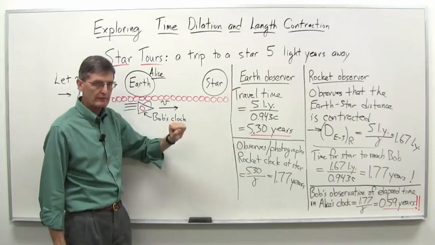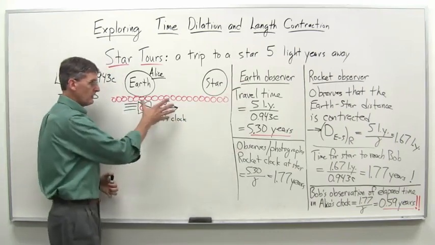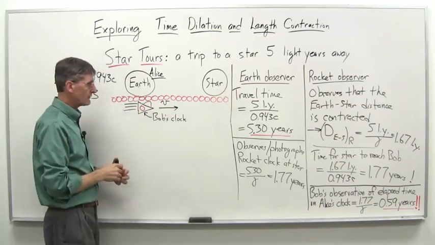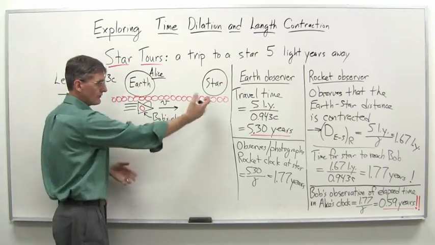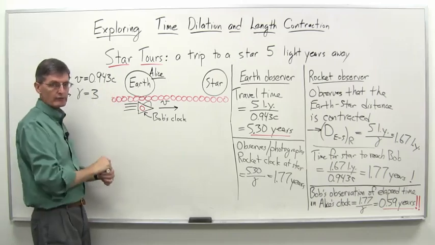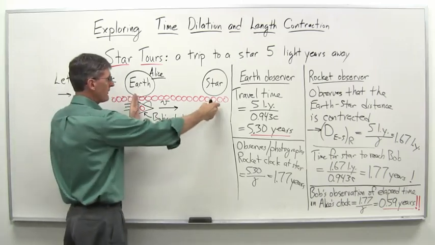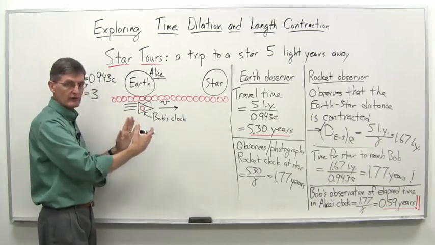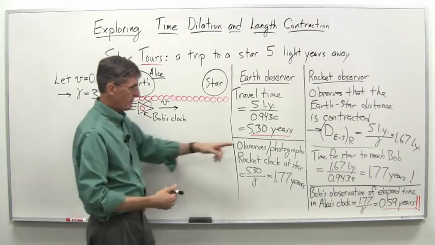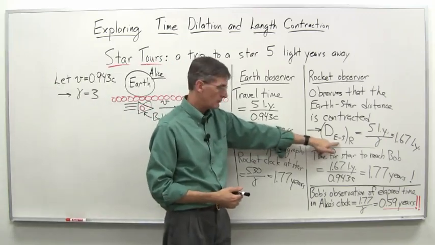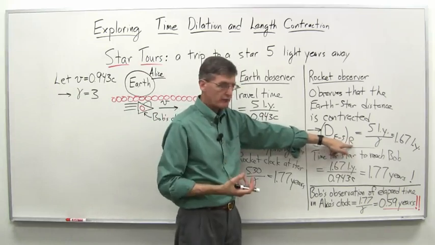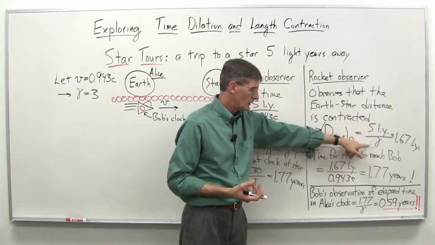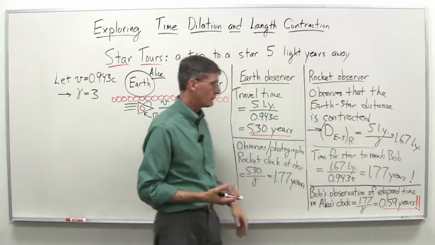What's Bob's perspective? He's the rocket observer. He observes, in his frame of reference, the Earth star system moving to the left, and therefore he sees the star rushing toward him at 0.943 c. And therefore this 5 light year distance to Alice is, to him, a contracted distance: 5 light years divided by gamma, gamma being 3, and that's 1.67 light years.